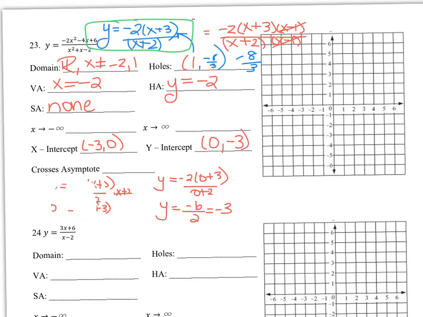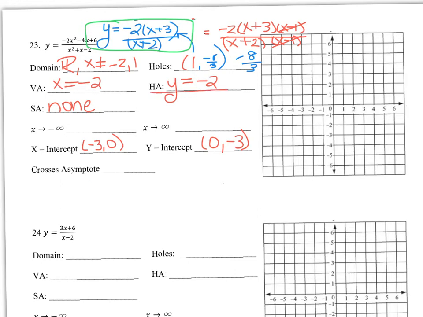So now to determine whether or not it crosses the asymptote, I have to take either my horizontal asymptote or my slant asymptote and set it equal to my function. So my horizontal asymptote is -2. So -2 equals -2 times x plus 3 over x plus 2.